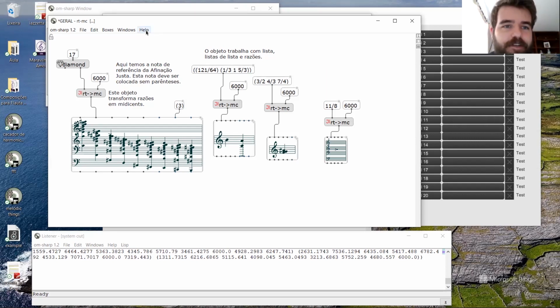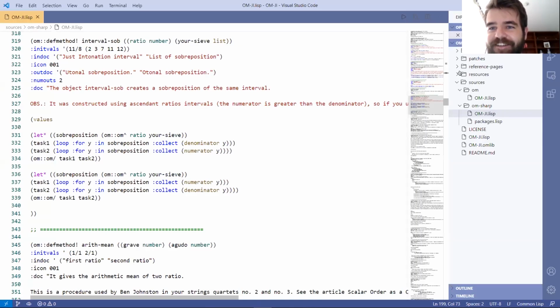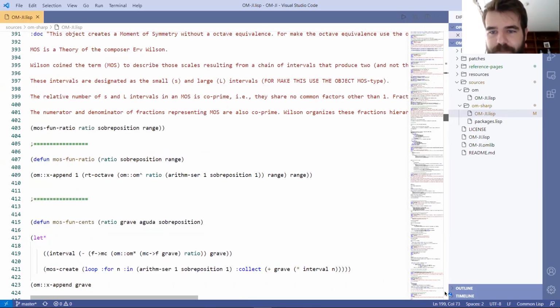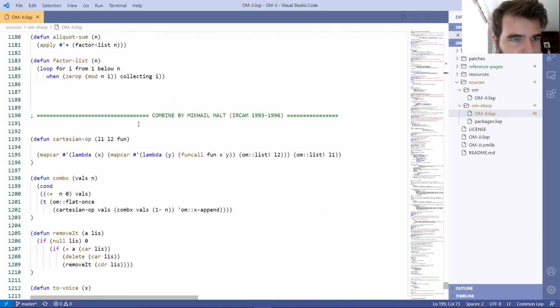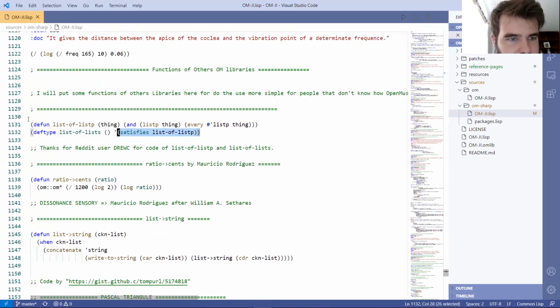Can I ask what function that is? I can show you, maybe it's better. I don't know the name because I just put it here, but it is this function, list of list P is to this two.